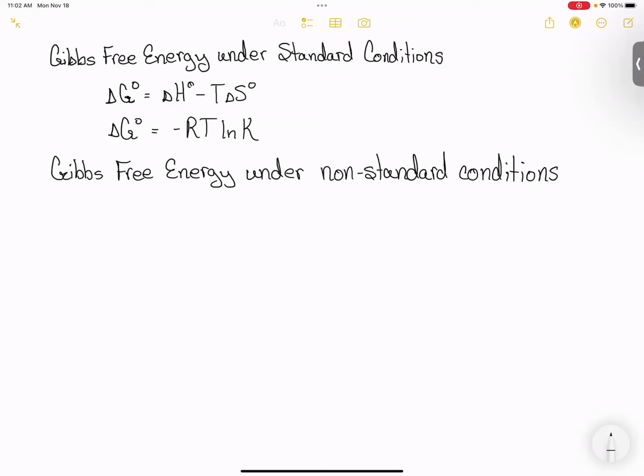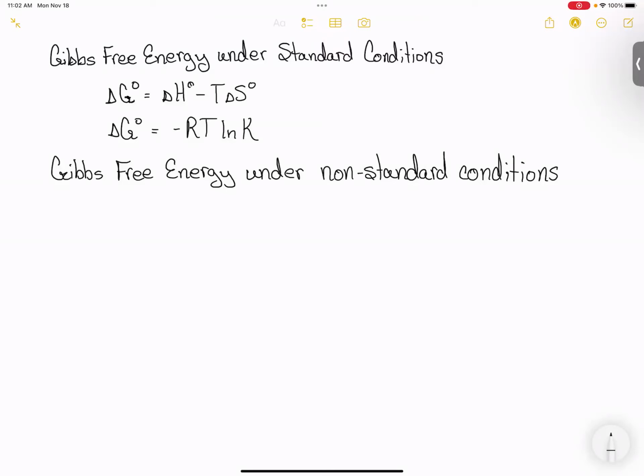We've been talking about Gibbs free energy under standard conditions, and Gibbs free energy can be calculated in a couple of different ways. The naught represents that it's under standard conditions, which is typically 1 molar for a solution and 1 atmosphere for a pressure.